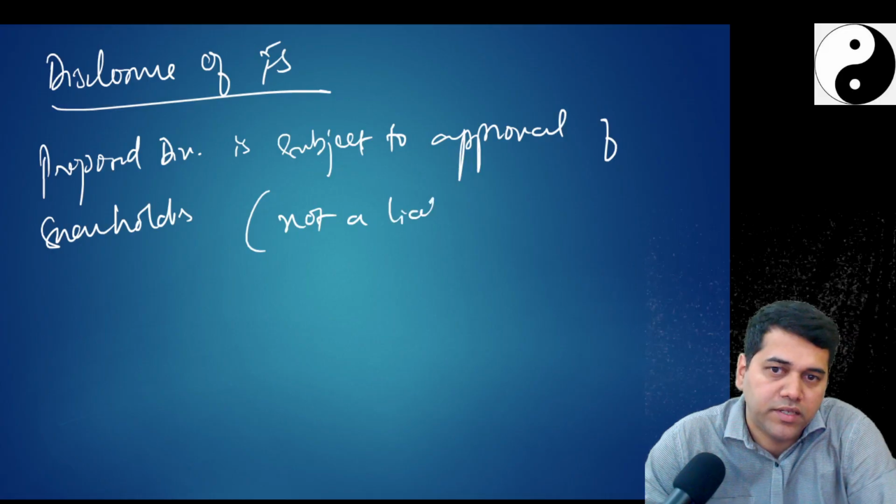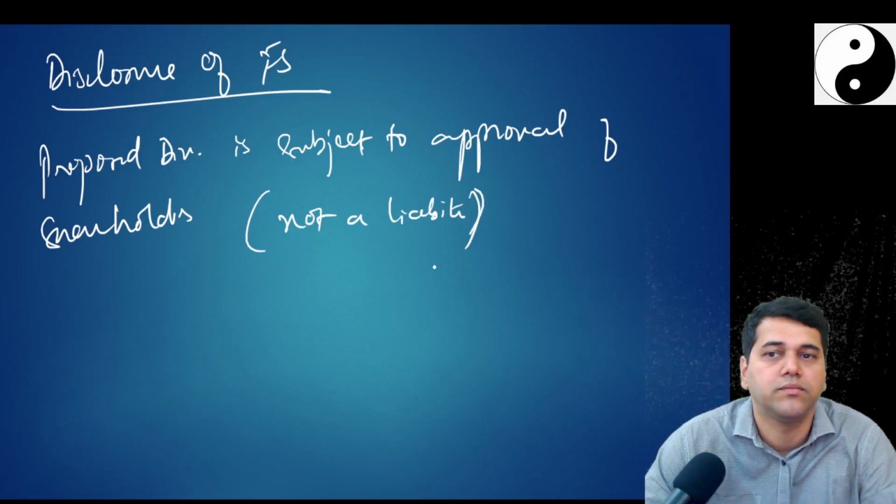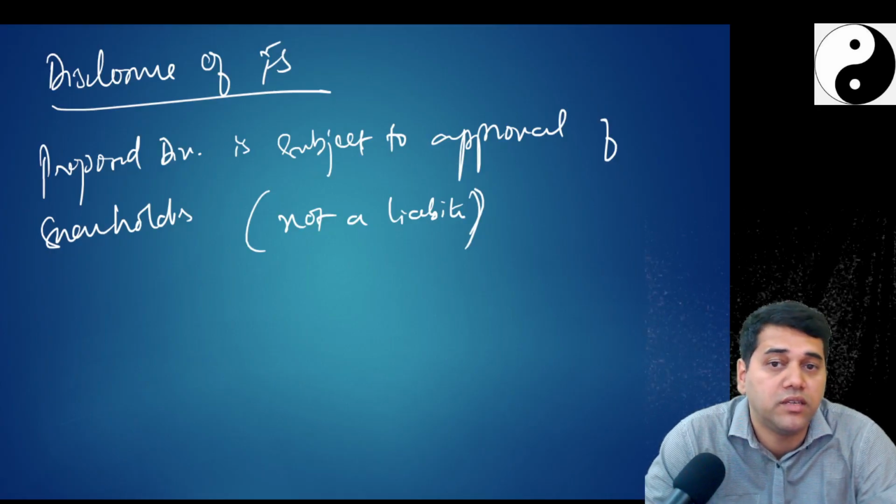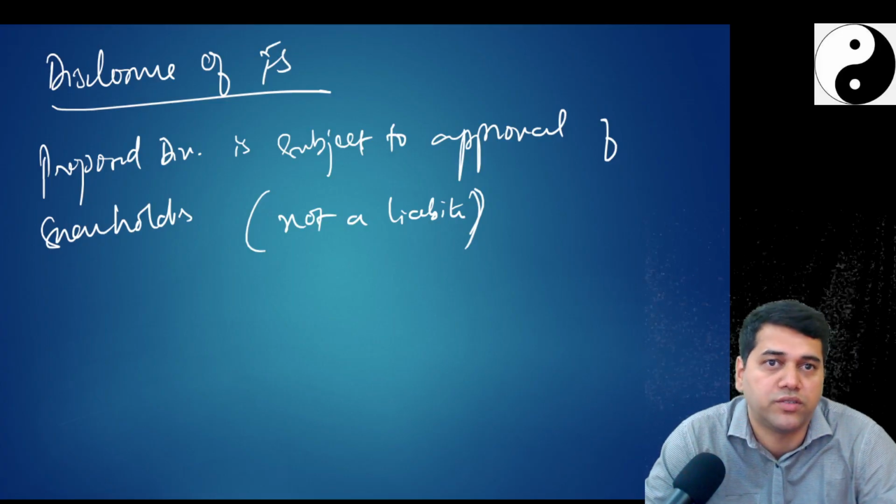Not a liability. In bracket you can write not a liability. So first you start with one note telling that the proposed dividend is subject to the approval of the shareholders.